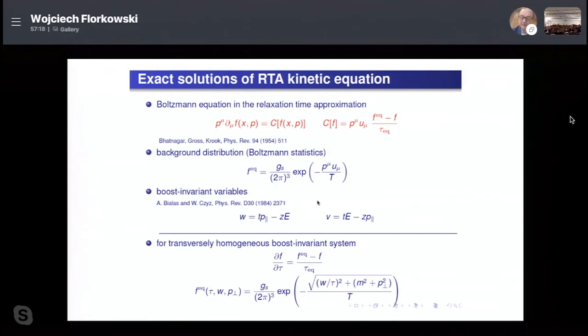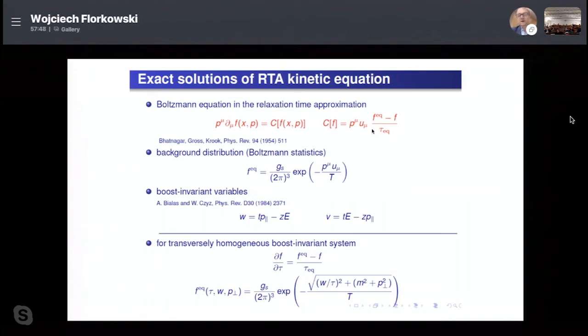So what we do, we can start with the kinetic theory, with the Boltzmann equation and with our favorite relaxation time approximation. I already told you that Amaresh Jaiswal worked out the full formalism of dissipative hydrodynamics. This formalism is based on a very specific form of the collision term, which is here in red.